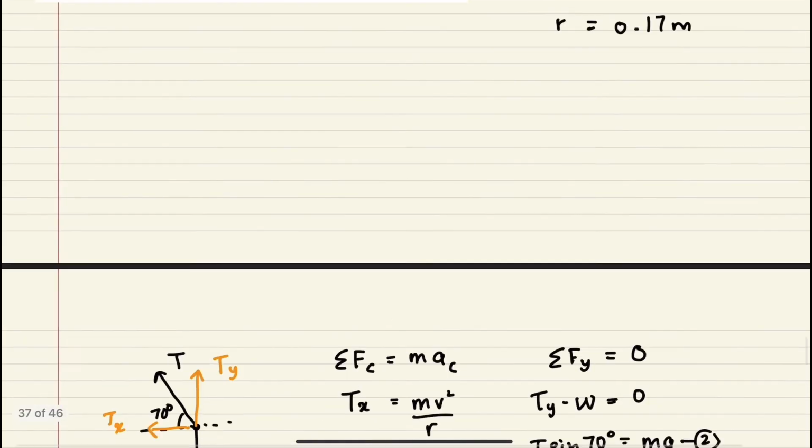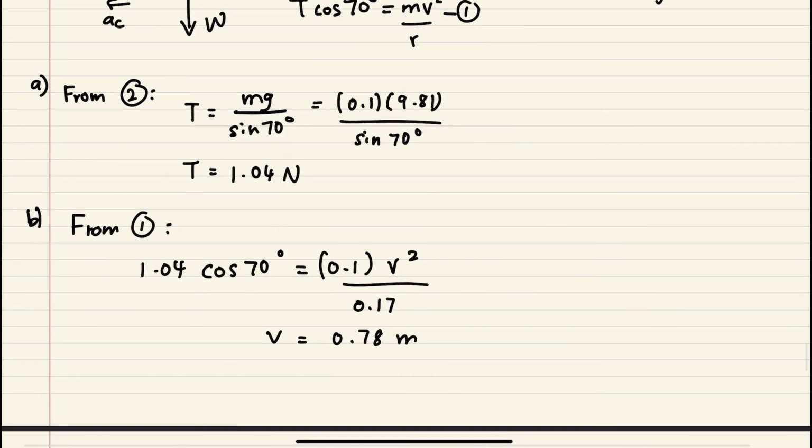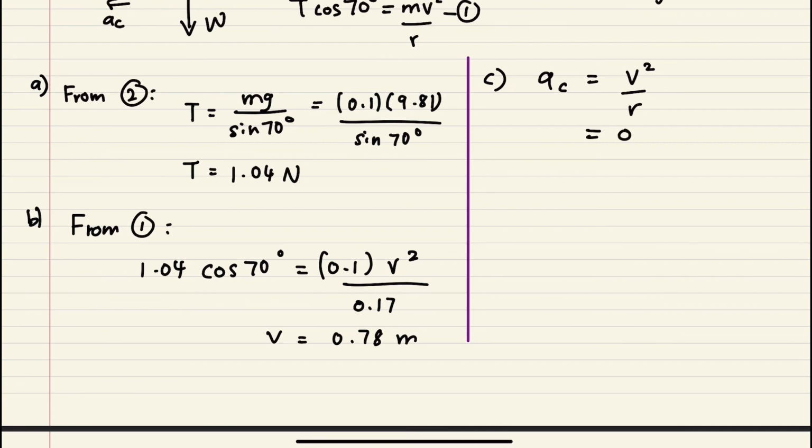And then the last part, they want to find the acceleration of the bob. I can do it over here. You do have V and R, so you can use this straight away: AC equals V squared over R. So it will be 0.78 squared divided by the value of R, which is 0.17.